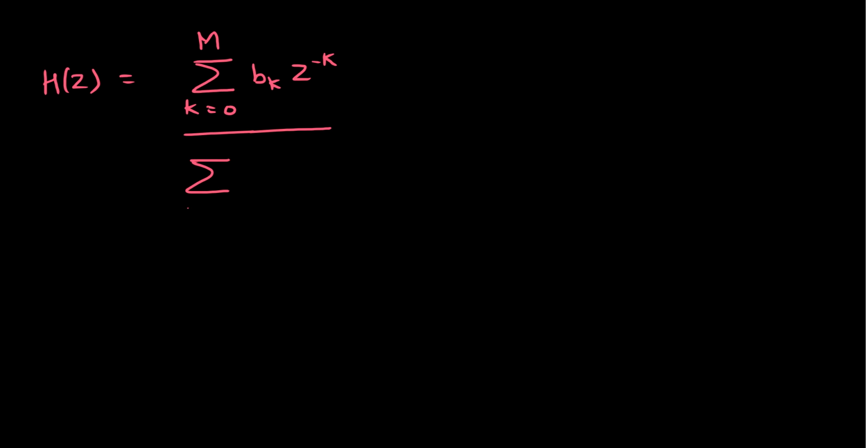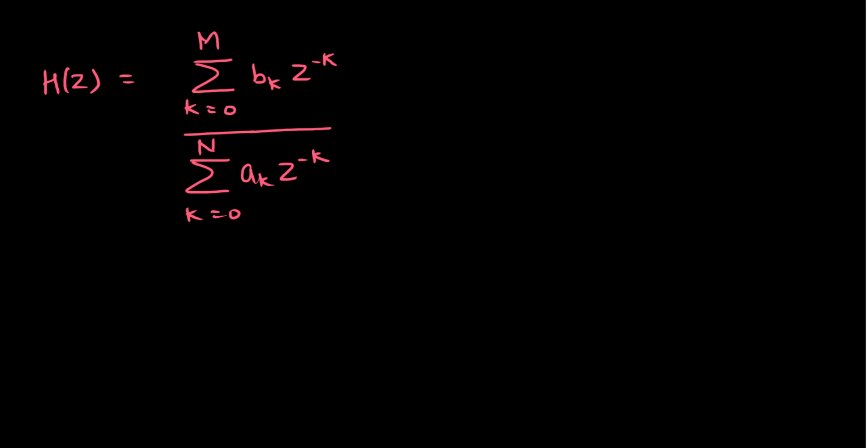So basically what we have is h of z is equal to summation k running from 0 to m bk z to the power minus k divided by summation k running from 0 to n ak into z to the power minus k.